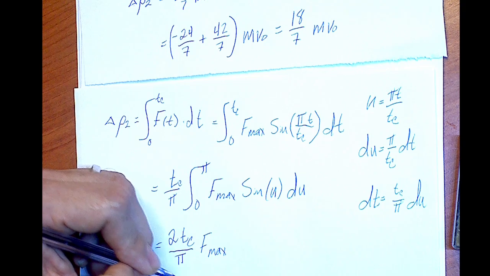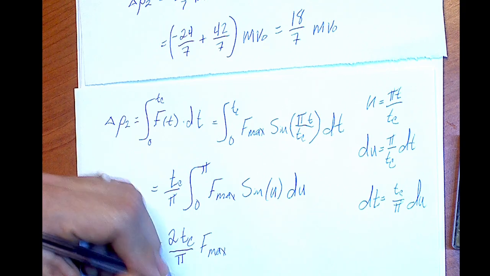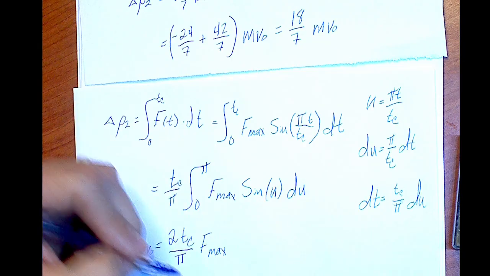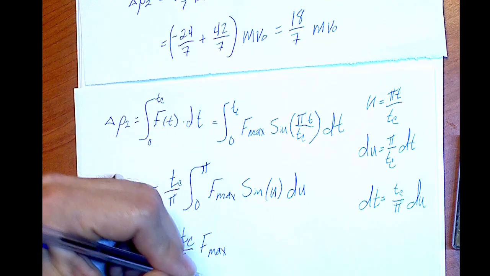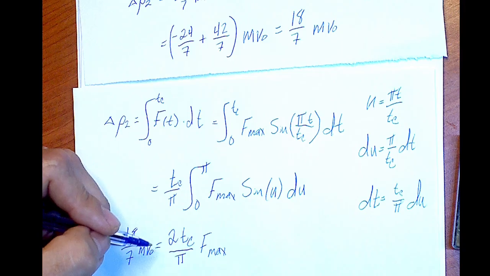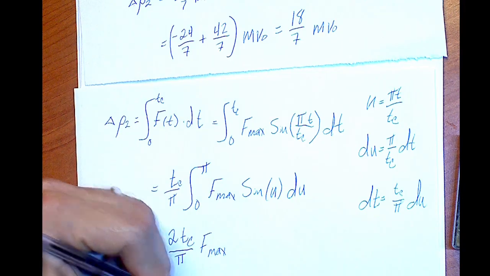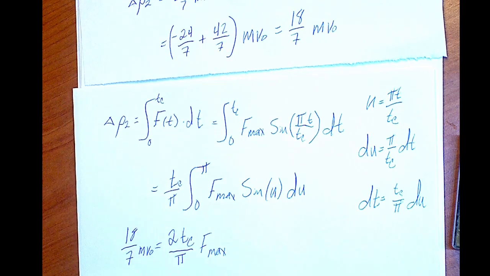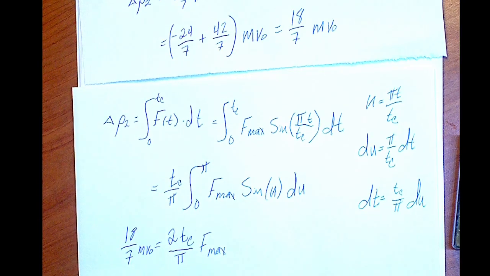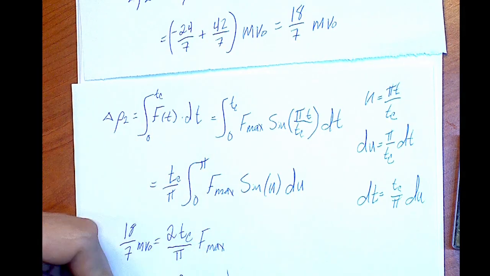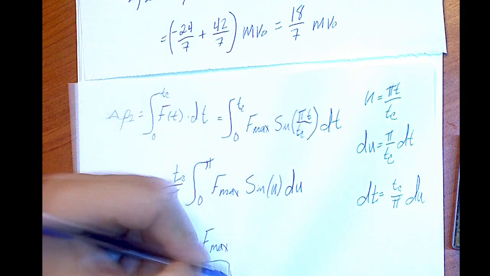So F max equals 9 pi mv naught over 7 times the time of the collision. And that would be our answer for F max.